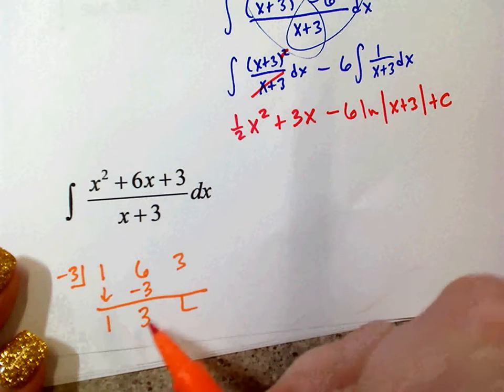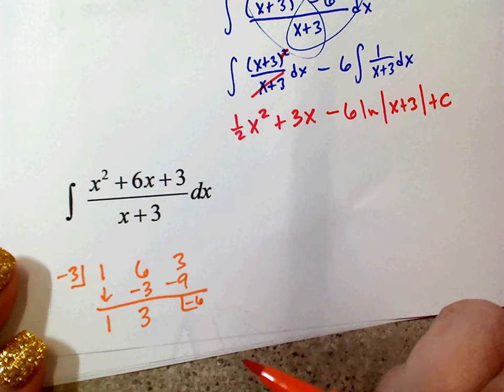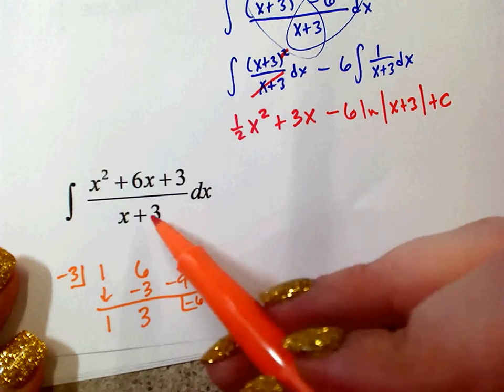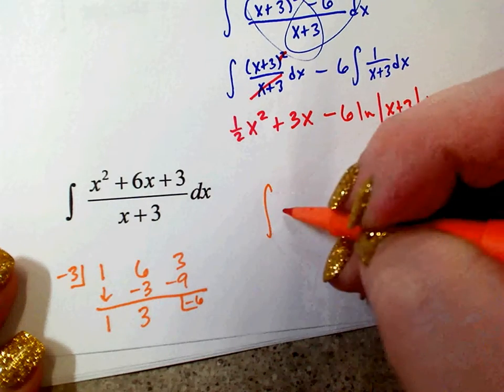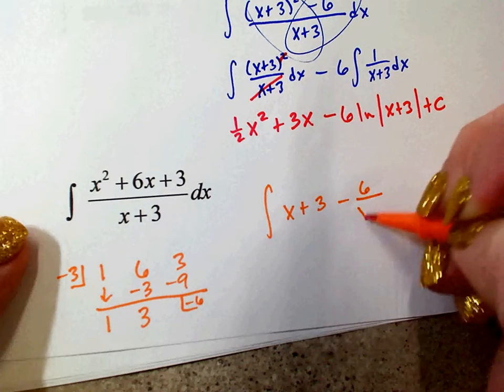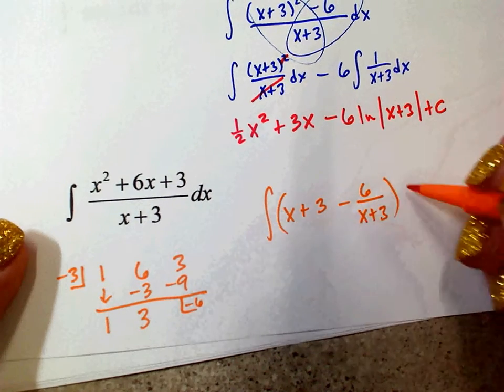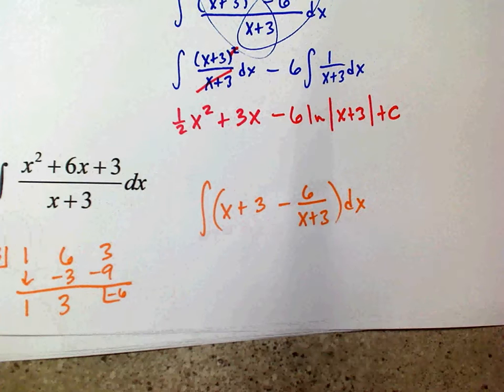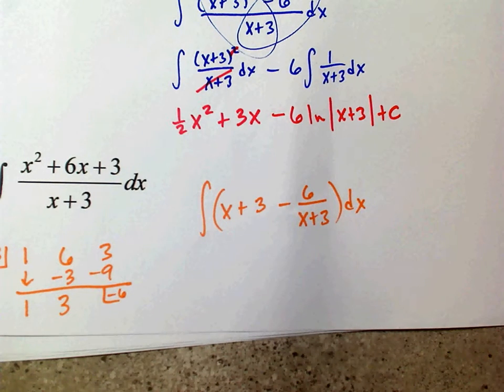Do you see how this divided by this is x plus 3 minus the remainder divided by what you divided by? And isn't that what we just derived? So synthetic division is one of those. If you're dividing by a binomial, go ahead and divide it.